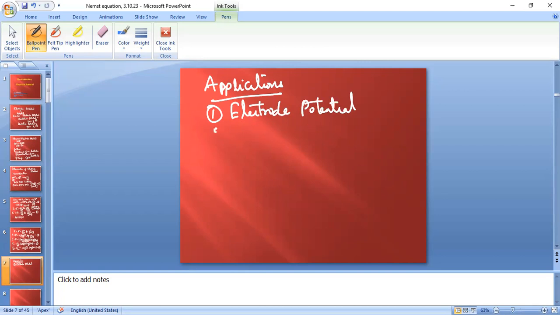The second one is you can construct a series known as the EMF series, otherwise electrochemical series.